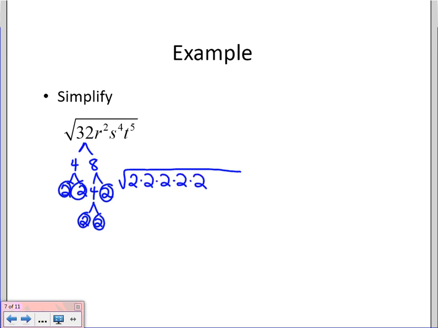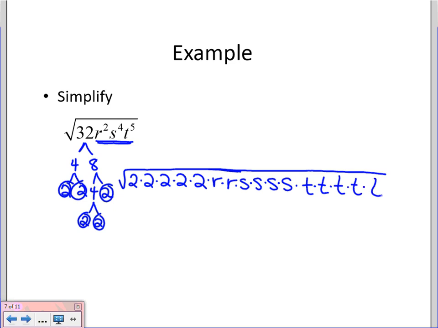And then I want to list all of my variables so no variable has an exponent greater than 1. So times r times r times s times s times s times s times t times t times t times t times t. Okay, so from here, I'm going to find my pairs.